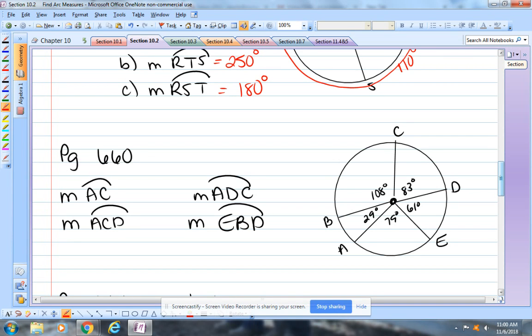We want to find all those arc measures. You can't read that. This one's 29, this is 79 degrees, 61 degrees, 83 degrees, and 108 degrees.